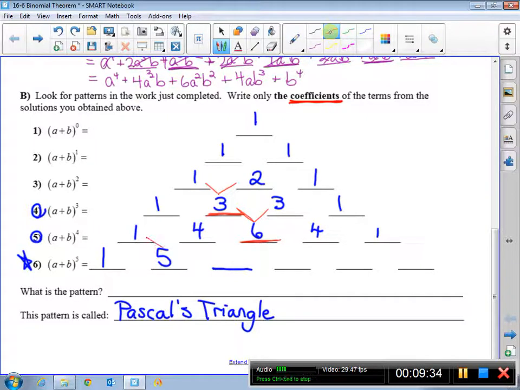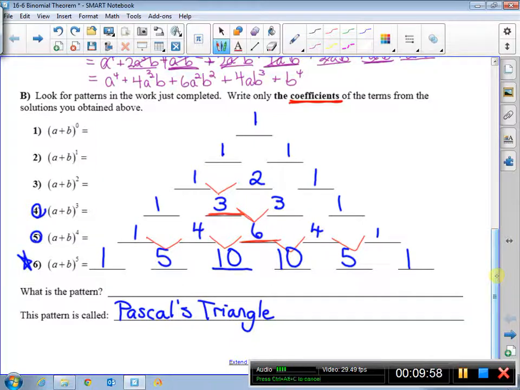So 5 comes from 1 and 4. What would I get from 4 and 6? I would get 10. And what would I get here from 6 and 4? 10 again. And how about 4 and 1? 5. And then we always start and end with 1.